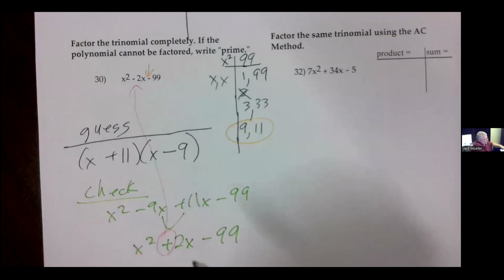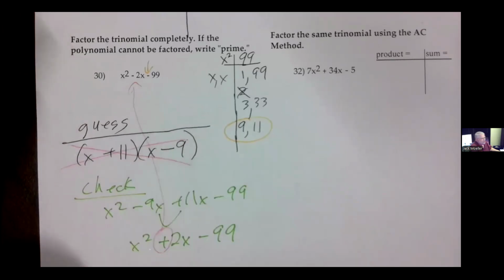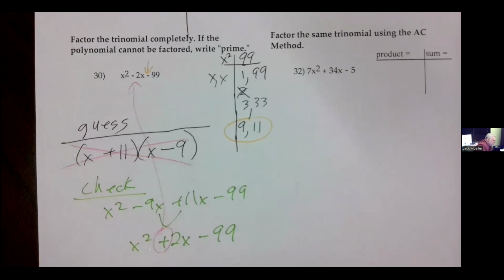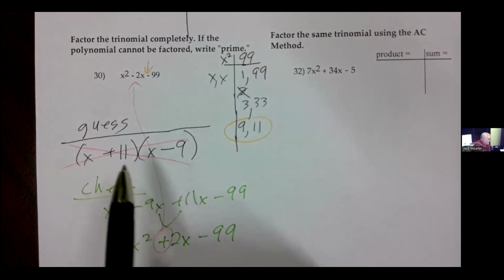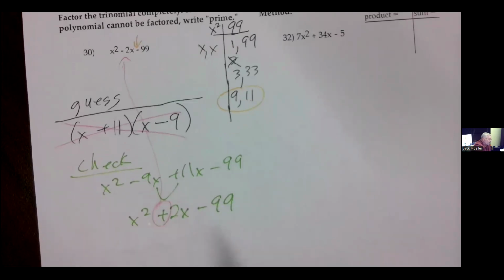Particularly on a test, one thing I see students do a lot of times is they erase their work if it's not right. If it's on a test or even in the homework, if you get a wrong answer, just cross through it. So that way you can see what you've tried before. Sometimes I see students do the same one over and over because they kind of get lost in the process. If you cross it out, you can see what you've done before.